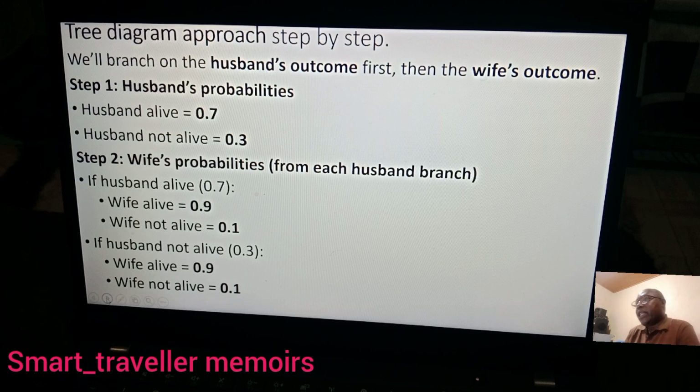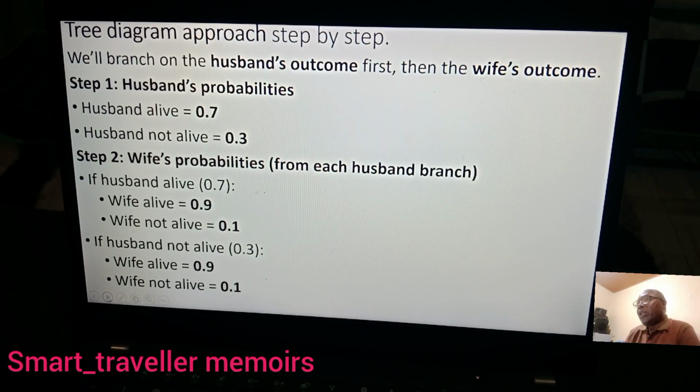So, for the sake of my audience, I have written what I was trying to explain in that tree diagram. We will branch on the husband's outcome first, then the wife's outcome comes next. So, in step 1, you have the husband's probability. The husband alive is 0.7, and husband not alive is 0.3. Step 2, now, you branch from the two possibilities of the husband.